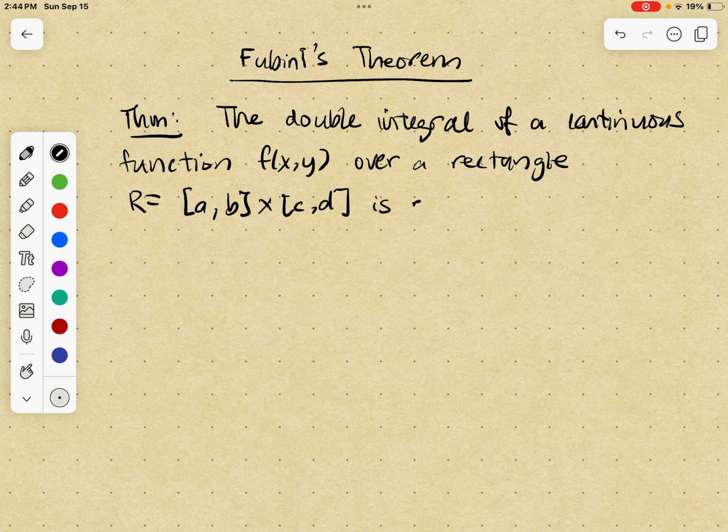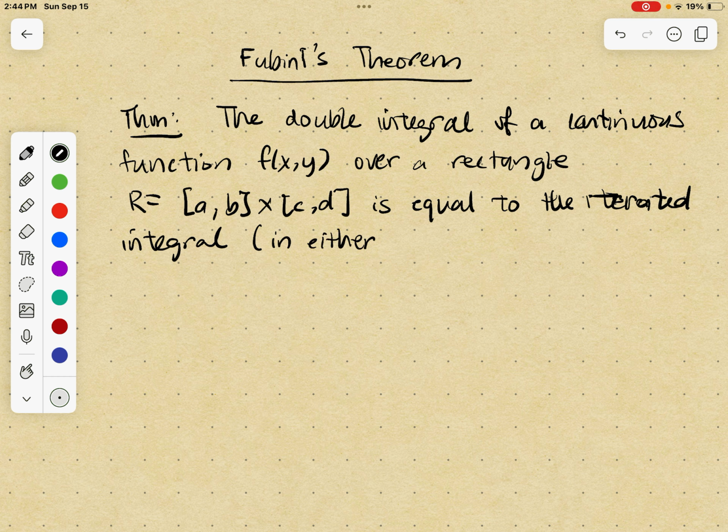This double integral is equal to the iterated integral. Well, it's equal to either of two iterated integrals which are equal.